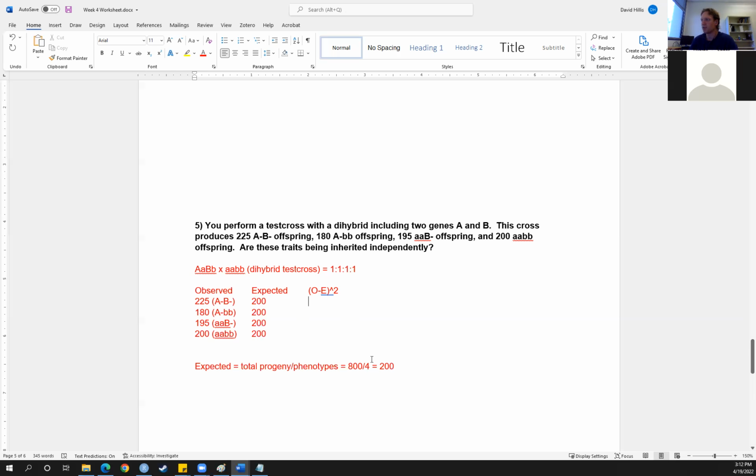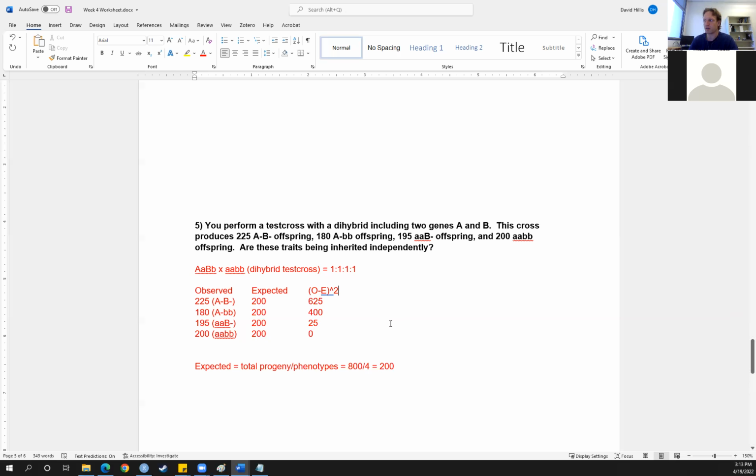And this is going to be 25 squared, so 225 squared is what? It's 625 actually. This is going to be 20 squared, so 400. This will be 5 squared, so 25. And this will just be 0.